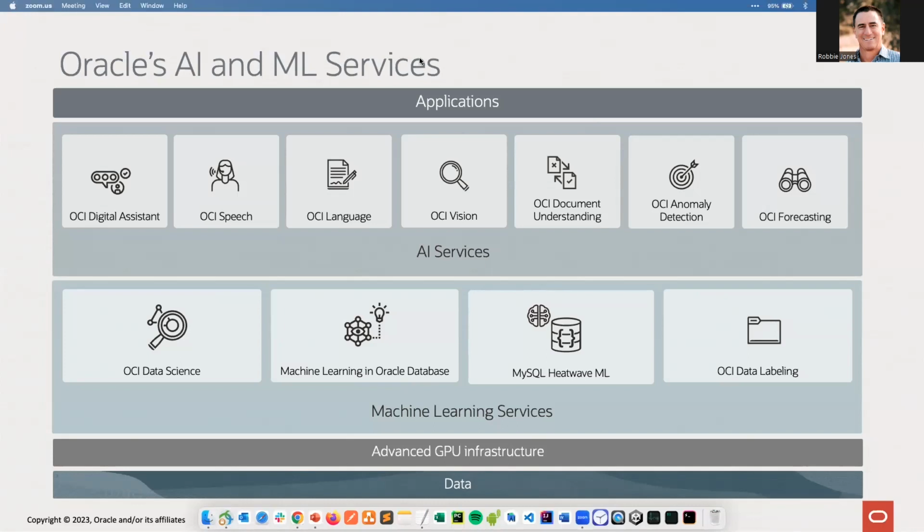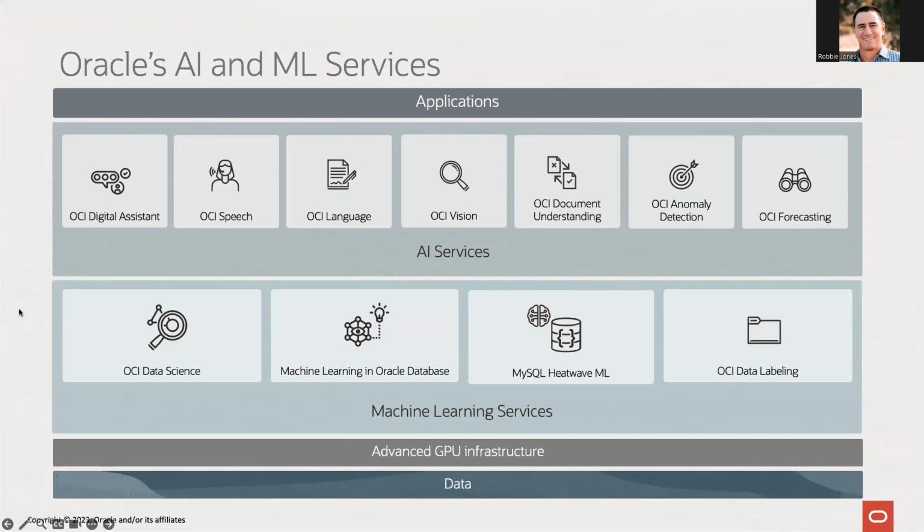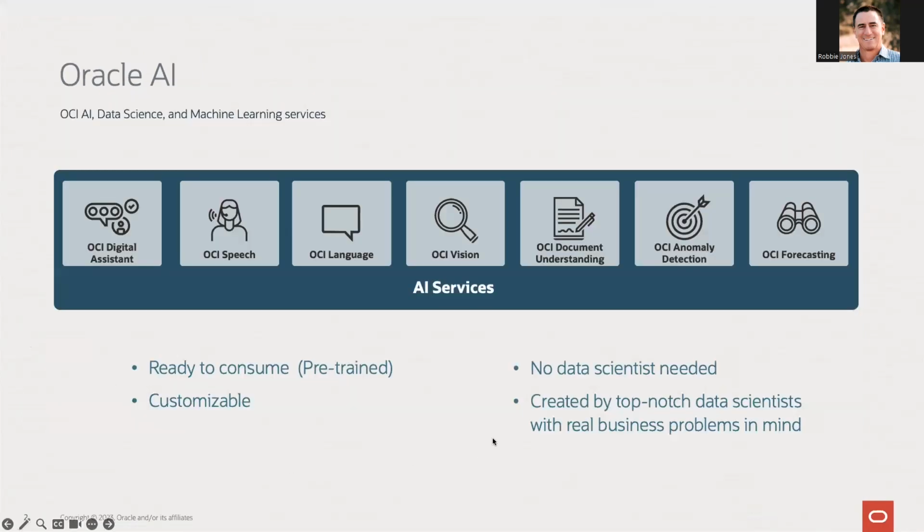For those folks that are used to things like Jupyter notebooks or running this on NVIDIA chipsets, all of this is available to you in the Oracle Cloud Infrastructure. But we do realize that a very large number of our customers don't have data scientists and don't have the Jupyter notebook skill set.